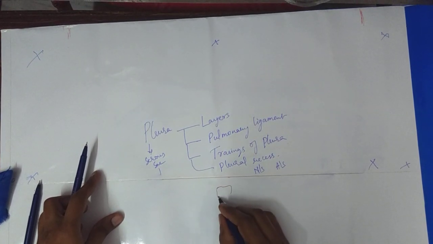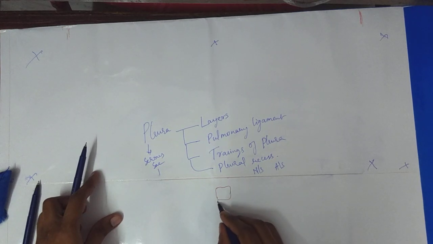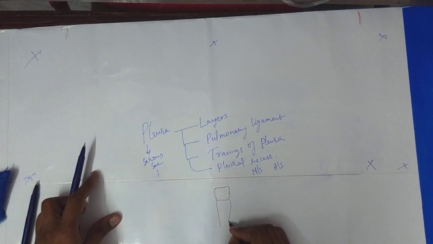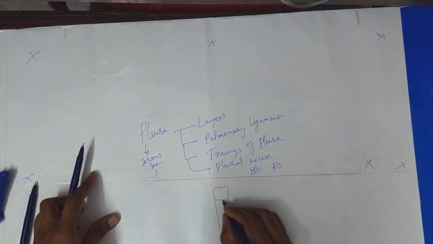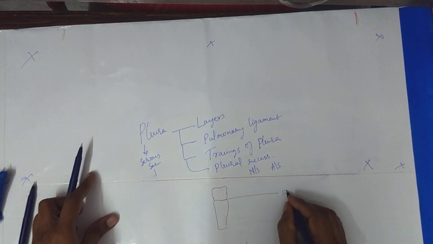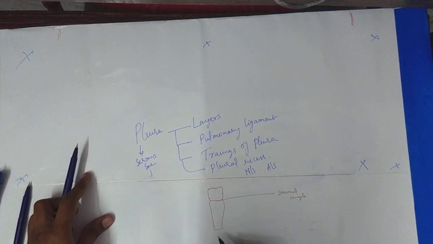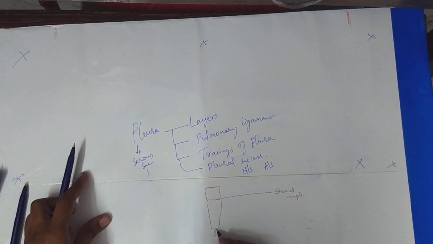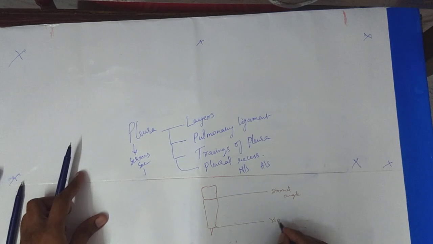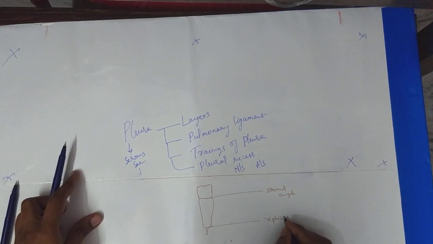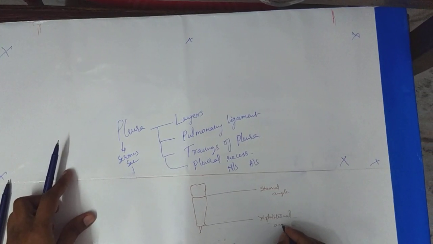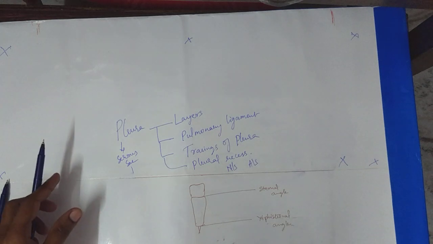This is your sternum, this is the sternal angle, and this is the xiphisternal joint.